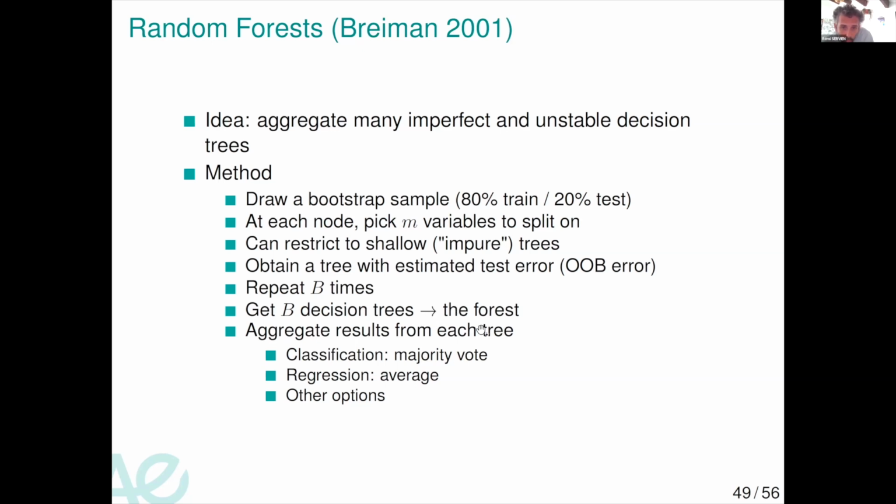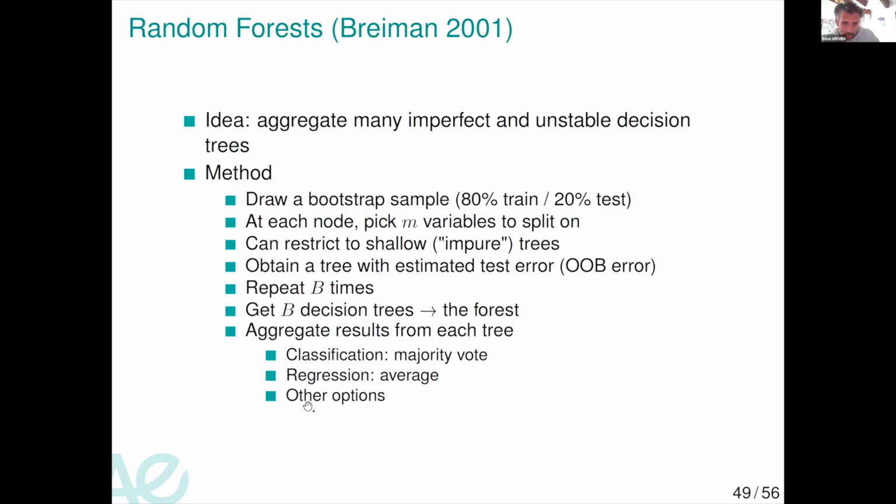And in fact, you could prove that if you aggregate these results, you could have really good prediction methods. The aggregation could be very simple. For example, for classification, the majority vote: if you have 90% of the decision trees that tell you that the individual is a grape, then you say that it's a grape.